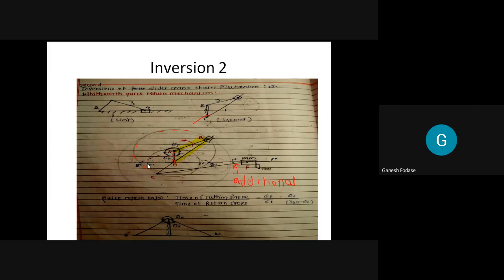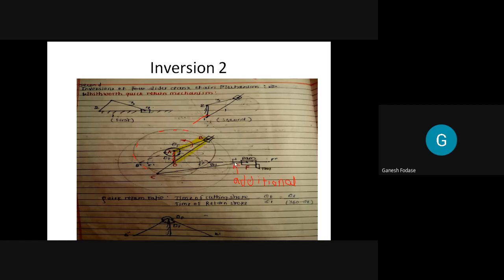C also starts from C dash up to C double dash. And what about F? F dash to F double dash. So you observe here, when this crank is moving from B dash to B double dash, C is moving from C dash to C double dash, and F is moving from F dash to F double dash.